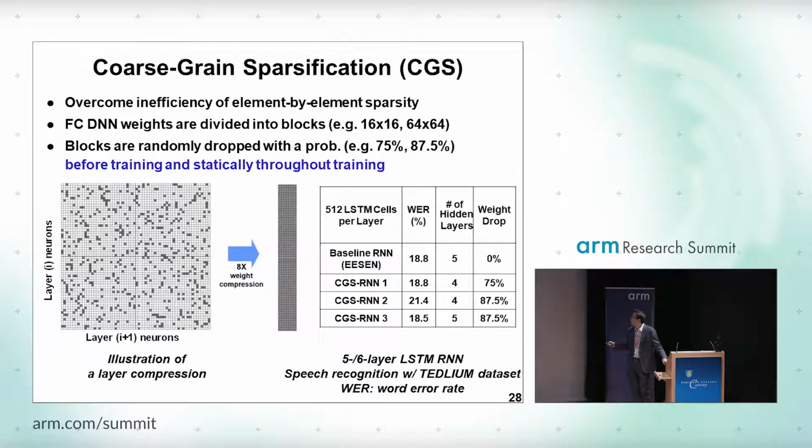Furthermore, we apply this also to a recurrent neural network, which has a lot of 512 by 512 matrices in this LSTM-based RNN, and comparing to a baseline RNN and applying the CGS into different RNNs with different hidden layers and different compression rates, you can see that from the baseline WER, we can achieve the same or similar accuracy.